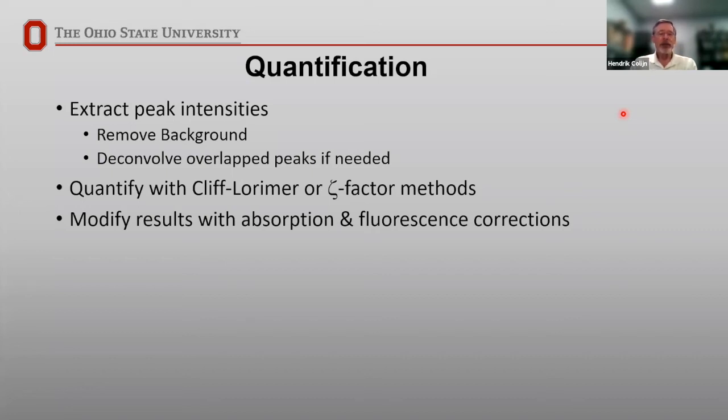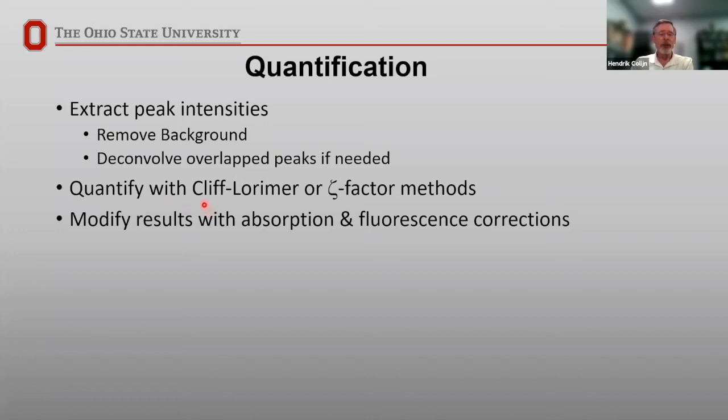The people at NIST have estimated that 3 to 5% of the time, they will give you a misidentification. So you do want to be careful about that. Once you've identified all your peaks, now you need to get the peak intensities by removing any background and unwrapping any overlapped peaks.